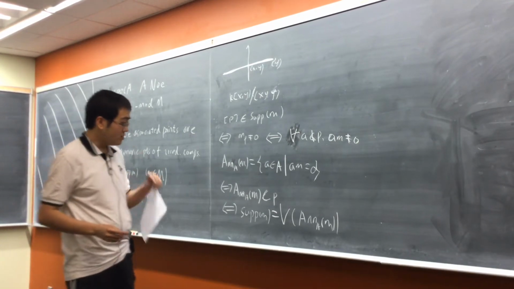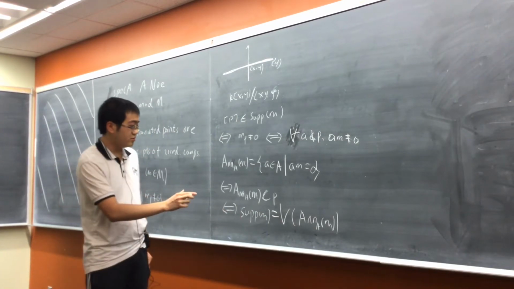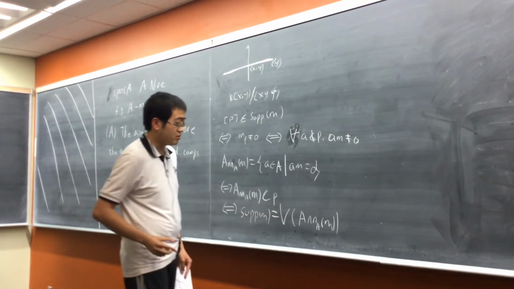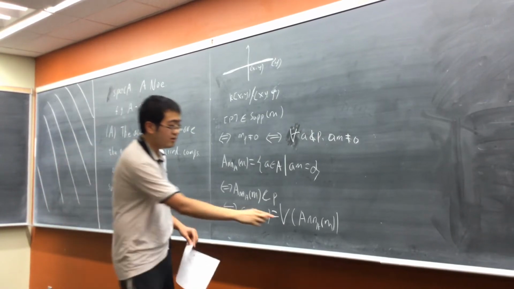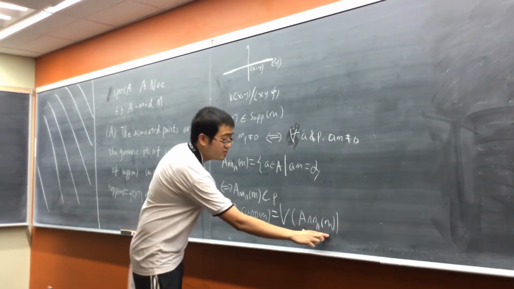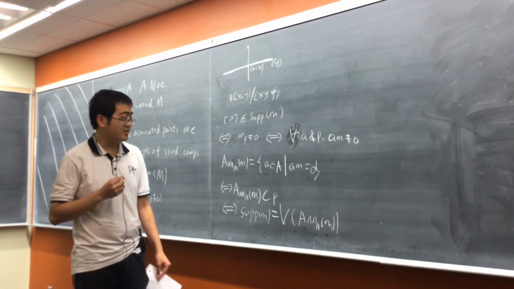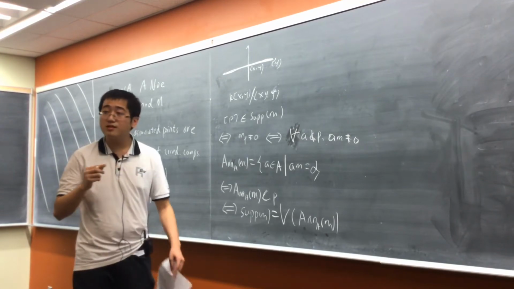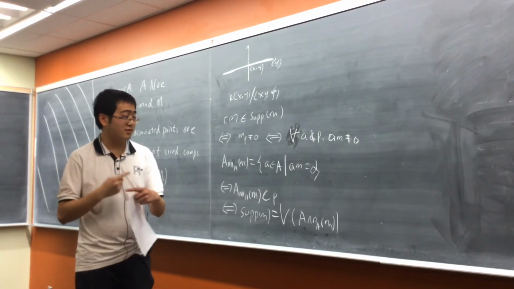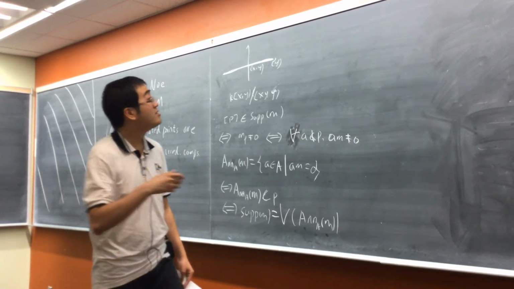If this is the support, what is the generic point of its irreducible components? They are just the minimal prime ideals containing this set. Unfortunately, this is not exactly the same as the algebraic definition we give later, though I think they are essentially the same thing, but we'll take care of that later, maybe in the next talk.